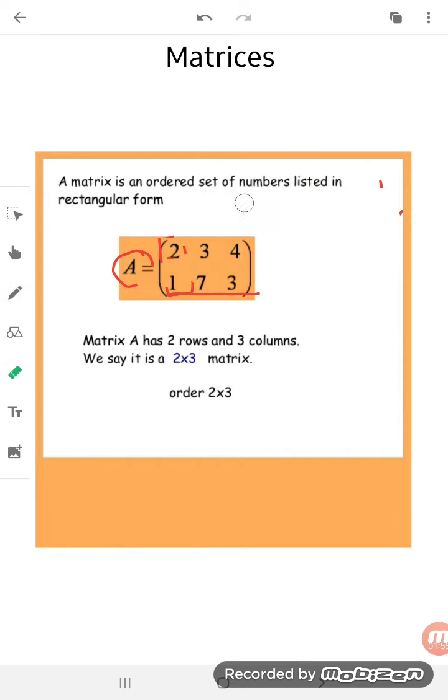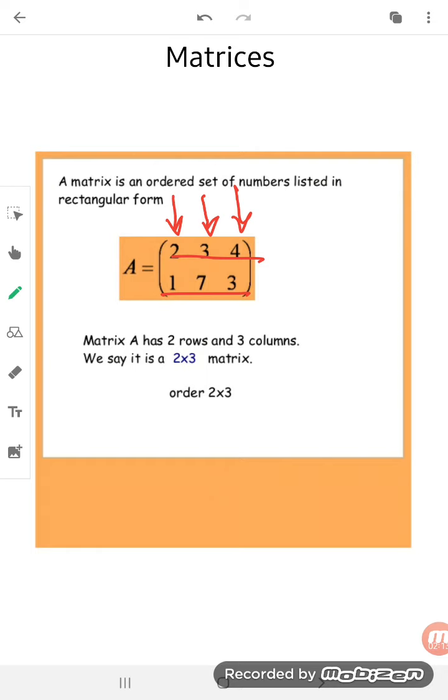In this example, the matrix A has two rows, 1 and 2, and three columns, 1, 2, 3.